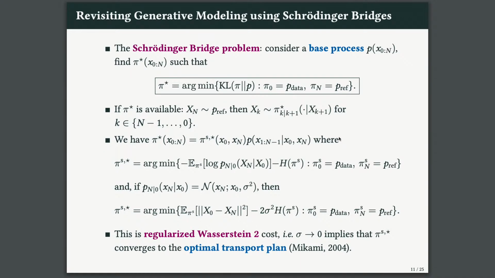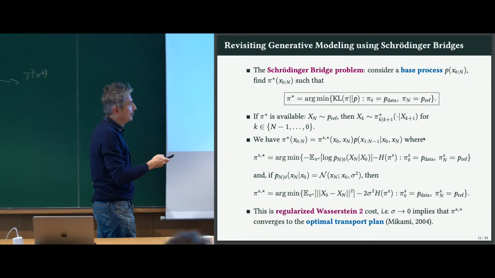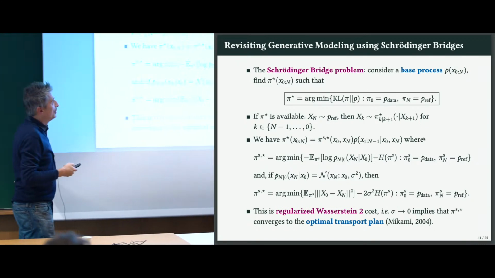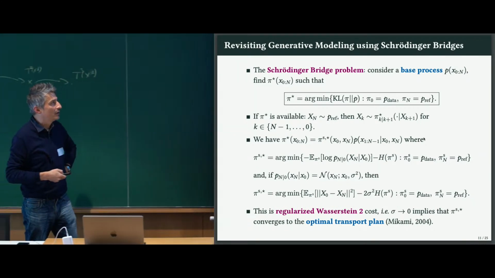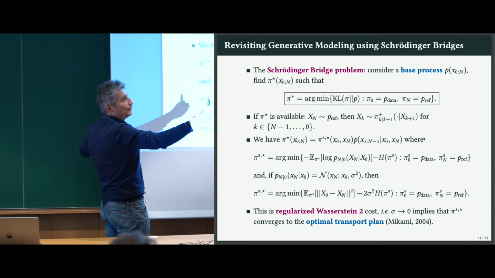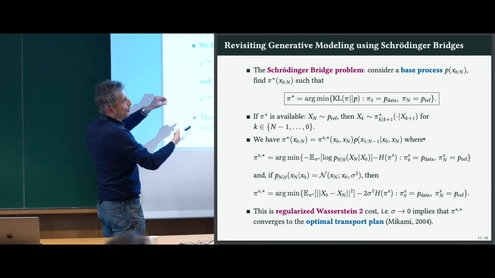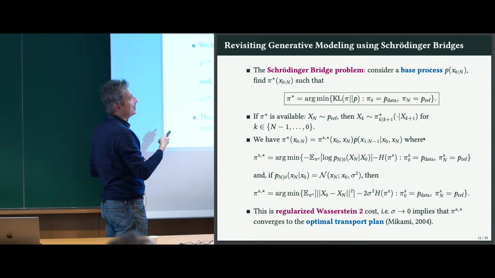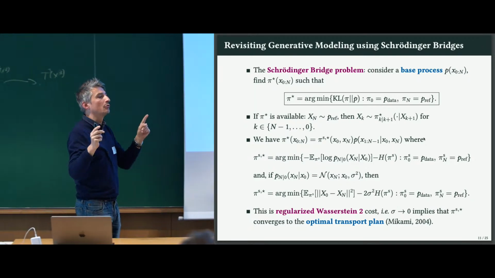I'm going to write everything in discrete time. I'm going to call P my base process, which is essentially the joint density of the forward noising process. So this is P naught times the product of this little autoregressive kernel. What would be nice is if I could find the distribution on path space which is closest to this base process P in terms of KL, with two additional constraints.